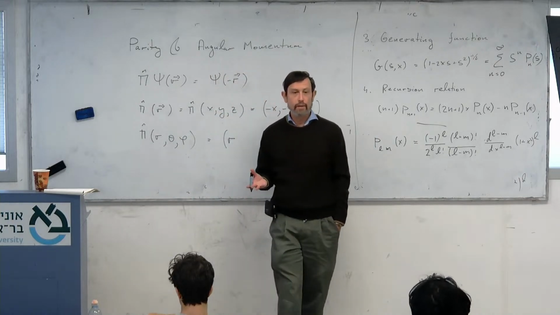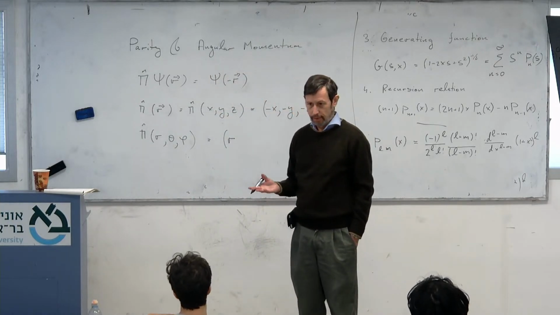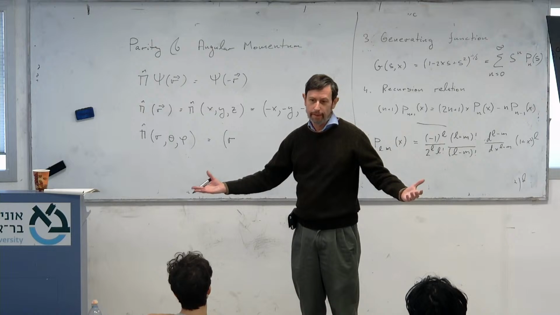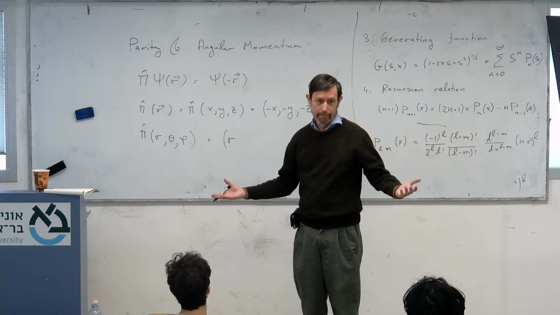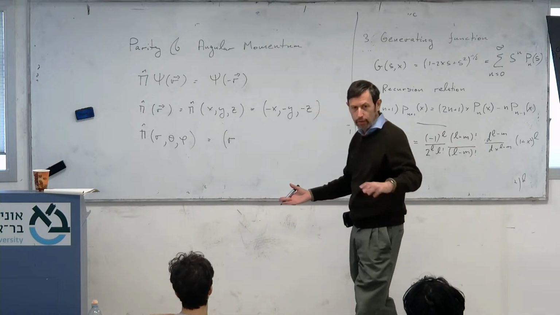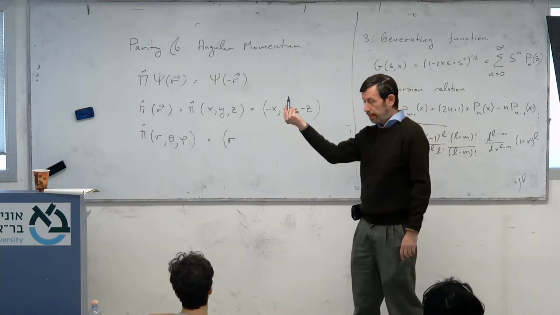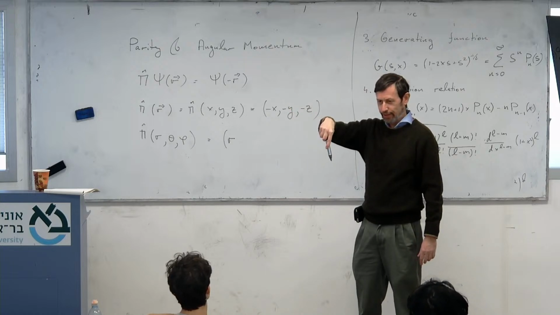Nothing happens to r. Why? Because r is the norm of the radius. It's the absolute value. I don't care in what direction, but it switches direction.